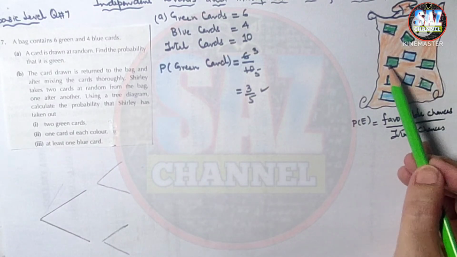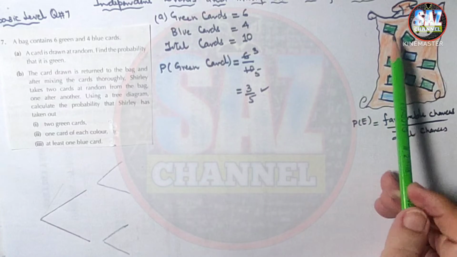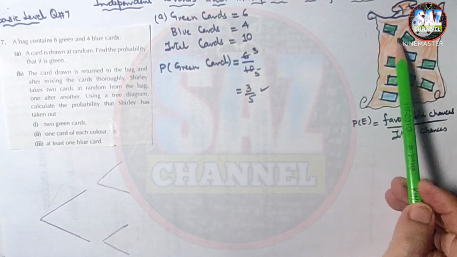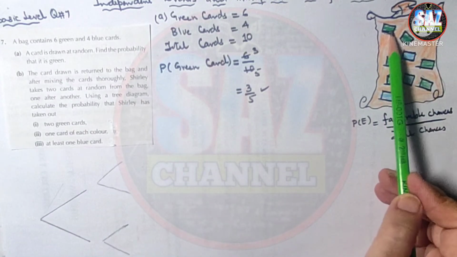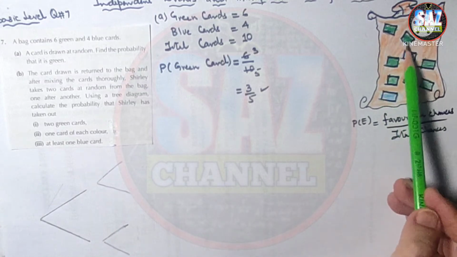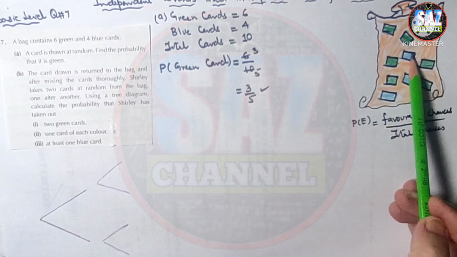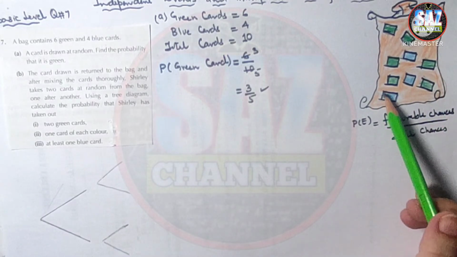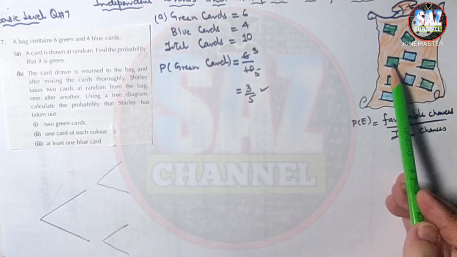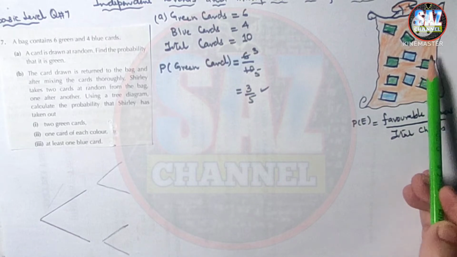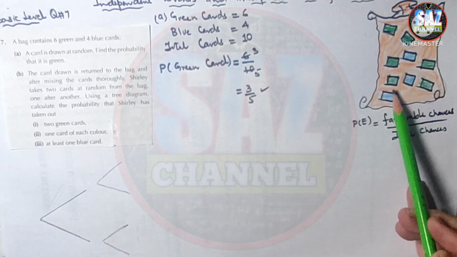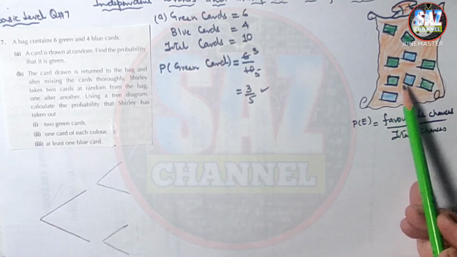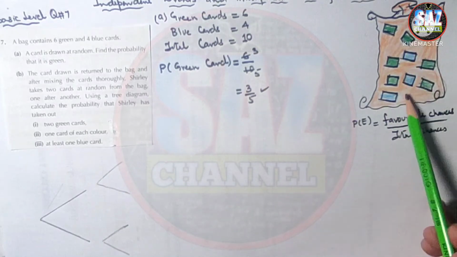But after noting the chances of that green card, Shirley puts that green card back in the bag. So for the next part, the number of green cards will be the same and blue cards will be the same. It means there will be no effect on the total of this bag.